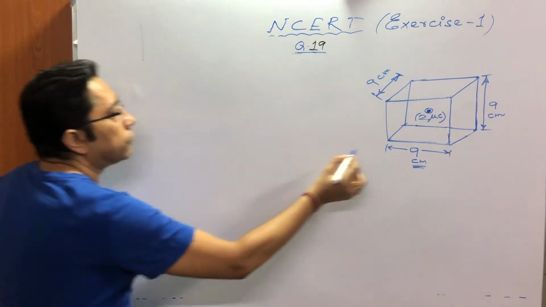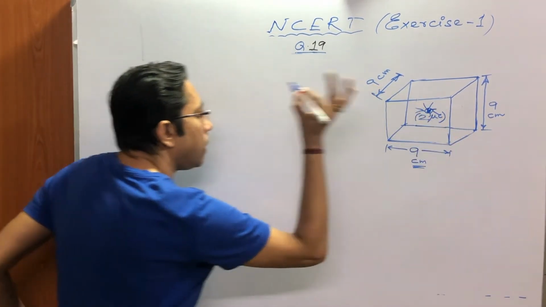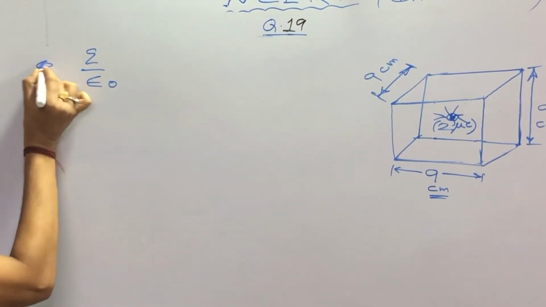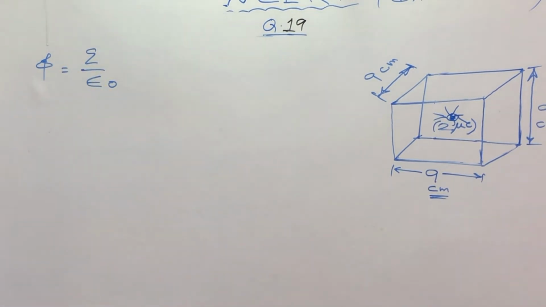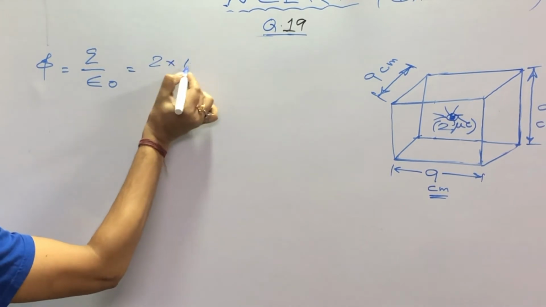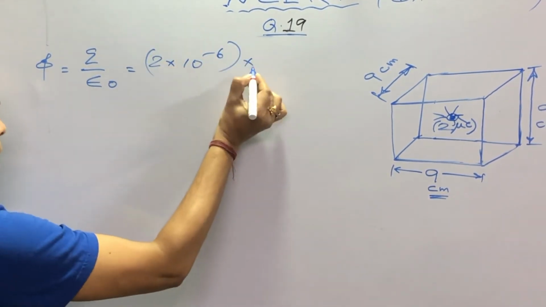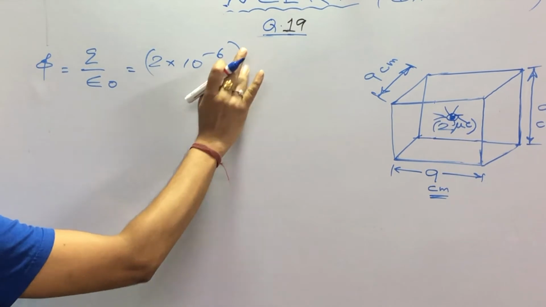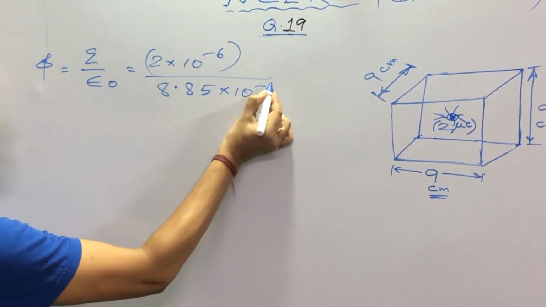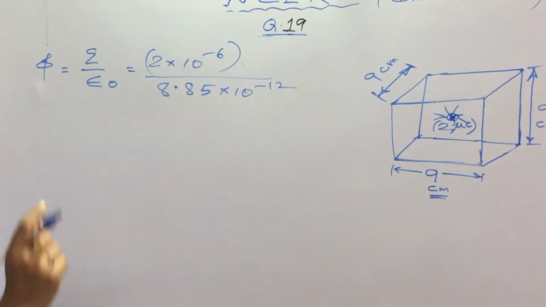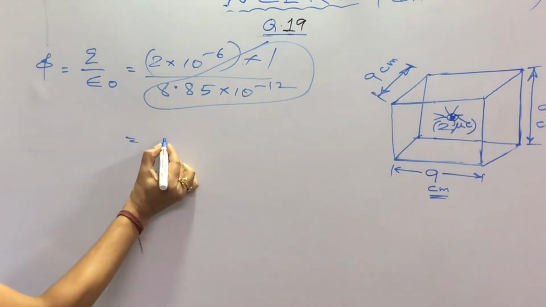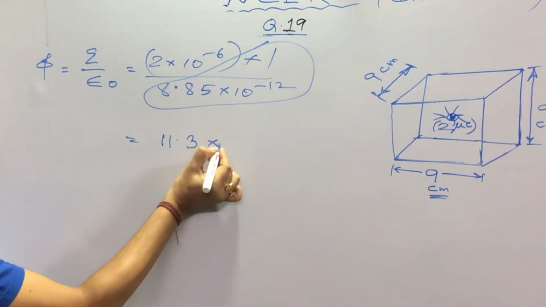So we know that the flux coming out of it as a whole is given by Q by epsilon naught. Let us put the value. Q is 2 microcoulomb, 2 into 10 to the power minus 6, divided by epsilon naught, 8.85 into 10 to the power minus 12. Again, I told you to remember this value. Its value is 11.3 into 10 to the power 10.